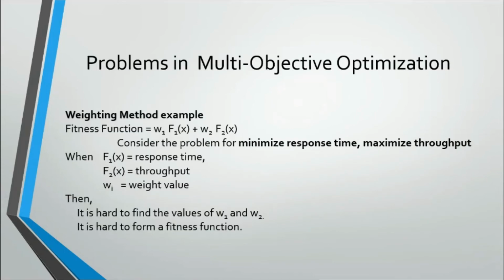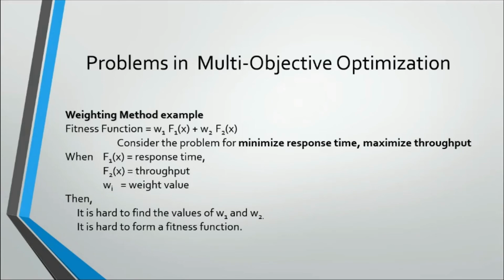So now we discuss the problems in multi-objective optimization. Take the weighting method as an example of an aggregating method. The weighting method is a method of converting multiple objectives into a single objective.